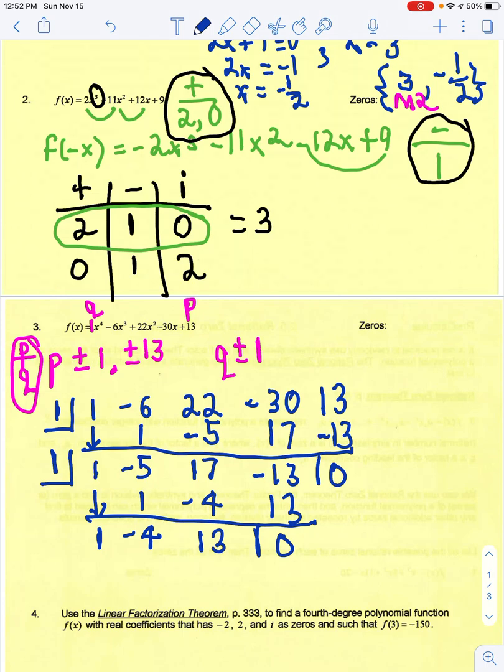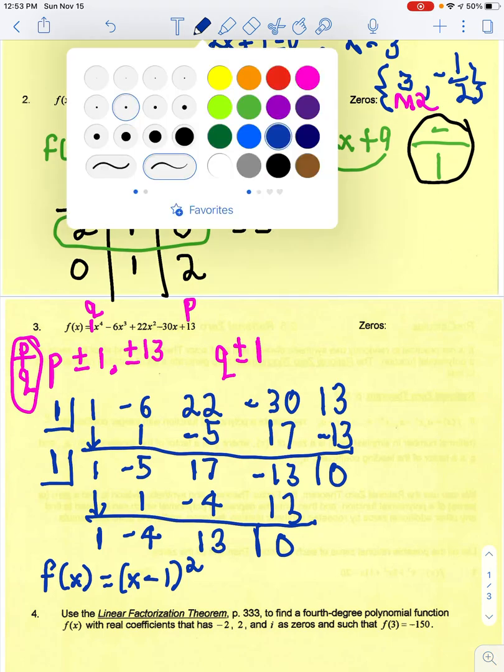So at this point, I've done 2 consecutive synthetic divisions. So my polynomial, f of x, would be the quantity x minus 1 times the quantity x minus 1. I'm going to write that as the quantity squared, since there are 2 factors of x minus 1.